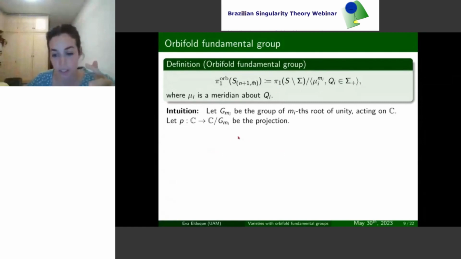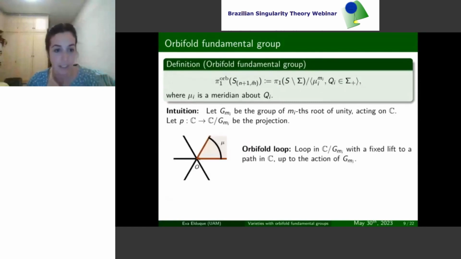And you project to the quotient. So here I drew the complex plane and a fundamental domain of this quotient. So really the quotient would be you take out this triangle thingy and you identify the edges, so you get a cone. So from the point of view of topology, the cone and the complex plane are the same thing.